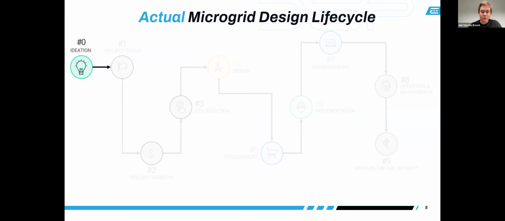And typically where it starts, it's somebody having an idea, somebody thinking about, I have a particular facility. Let's say I have an EV charging system that I want to deploy at my parking lot. I have some solar, I have some battery storage. I experienced power quality issues or disturbances in the past. That's typically where a project starts, in the mind of somebody.